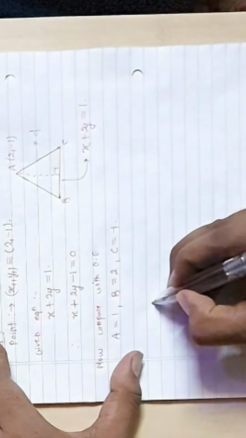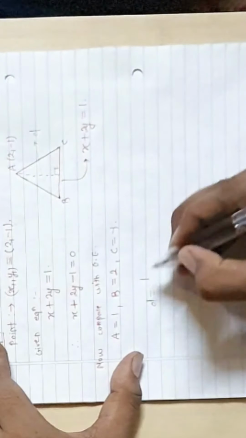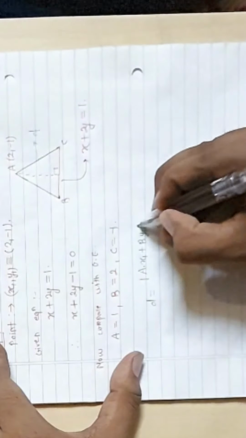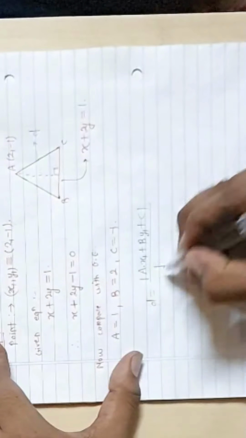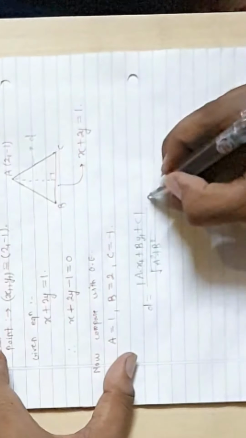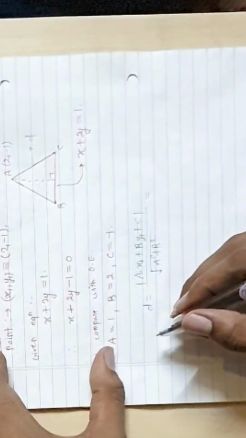So d is given by the formula: mod of (a x1 + b y1 + c) upon under root of (a square + b square). Now put all the values. What is a?